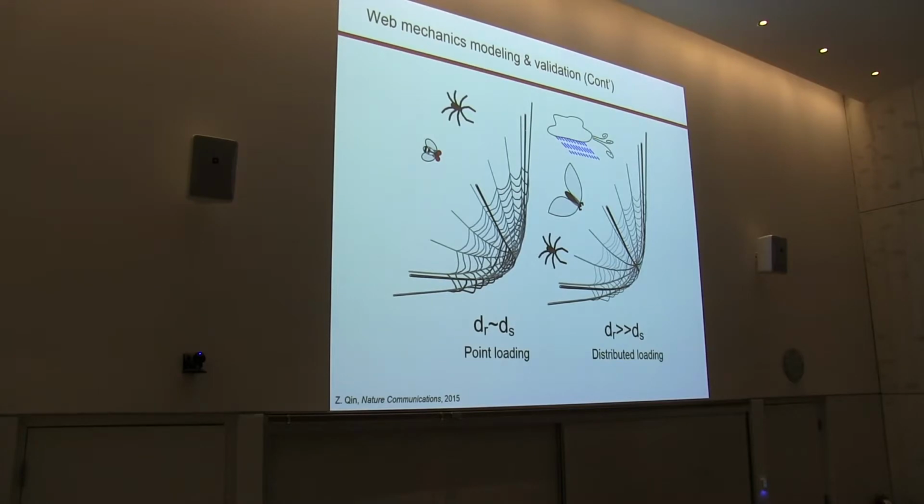So the conclusion is very clear. The optimized solution, or optimized web geometry, fully depends on the loading condition. For single point loading conditions, like for the house spiders, most of the time they just expect to capture small flies or the body weight of the spider itself. So they need a homogeneous web to reach the optimized strength.